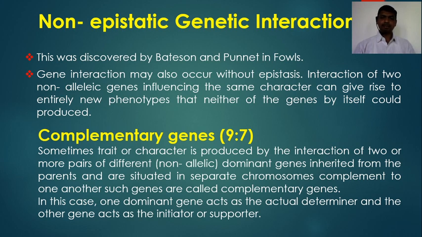In the absence of one of these, for example, if only the actual determiner is present while the initiator or supporter is absent, it is not able to produce the new phenotype. Both dominant genes, which function as an actual determiner and initiator, should be present in the individual, and only then can it produce the entirely new phenotype. Such genes we call complementary genes.